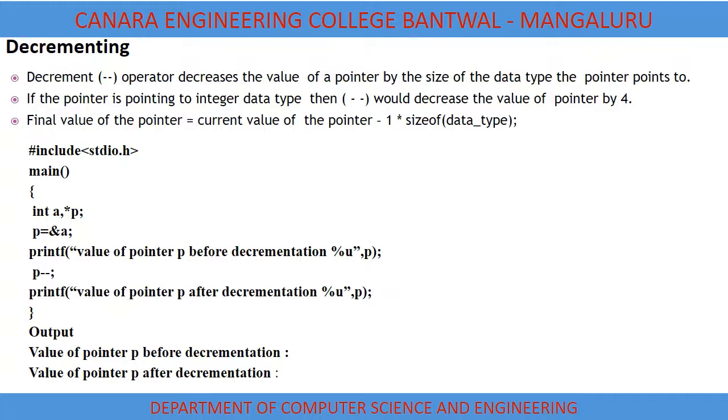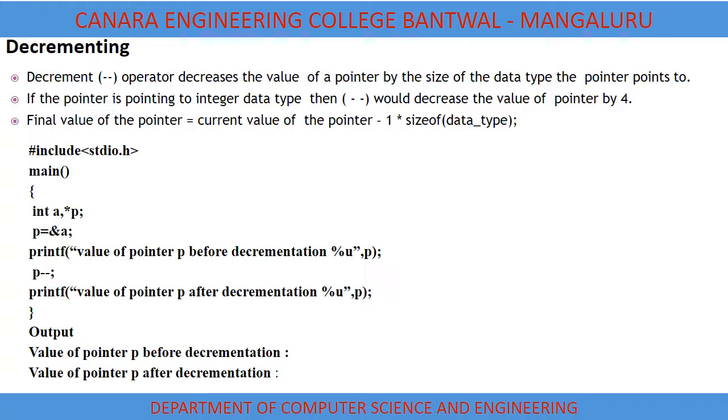Yes, so in this slide we'll try to figure out how the decrement concept works using pointers. The decrement operator decreases the value of the pointer by the size of the data type. As we have seen the increment, this works the same way, but it decrements by the size. If the pointer is pointing to the integer data type, then it will decrease the value of the pointer by 4.